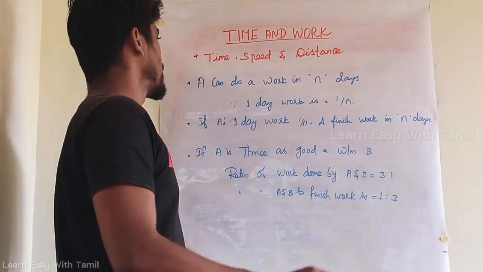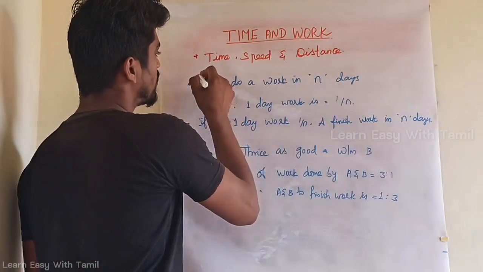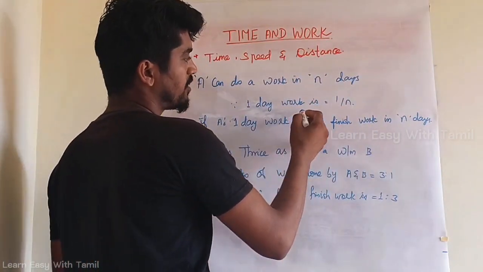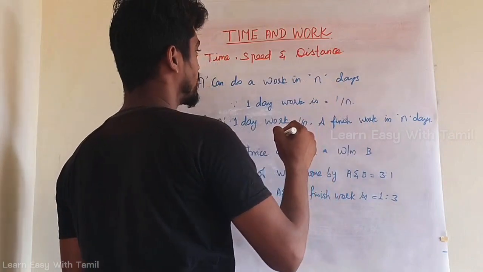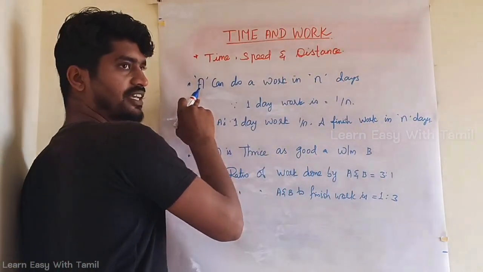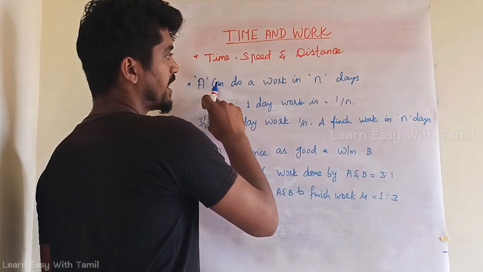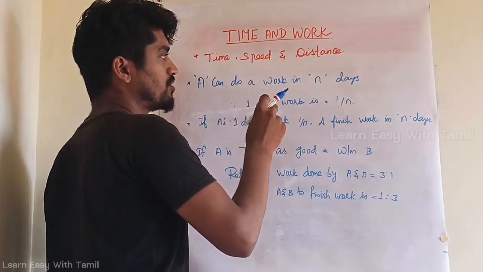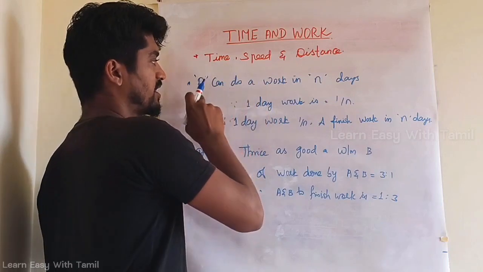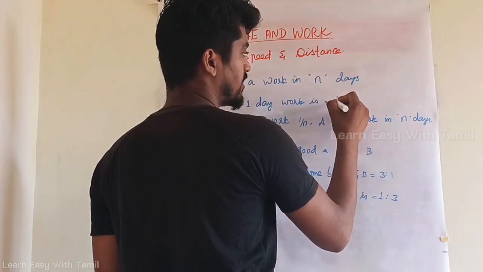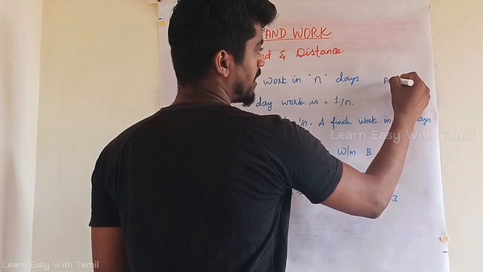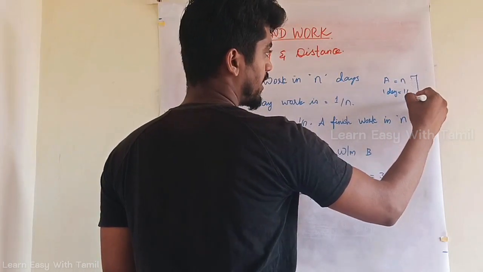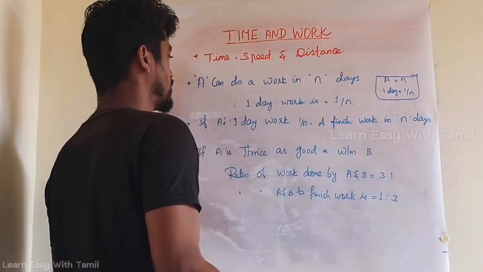From the time and work concept, if A can do a work in n days, then the 1 day work of A is 1 by n. For example, consider A is a man who takes n days to complete a work. So the one day work of that man is 1 by n of the whole work.